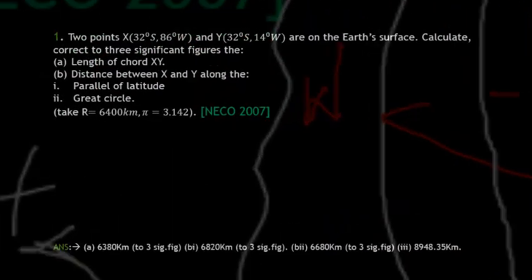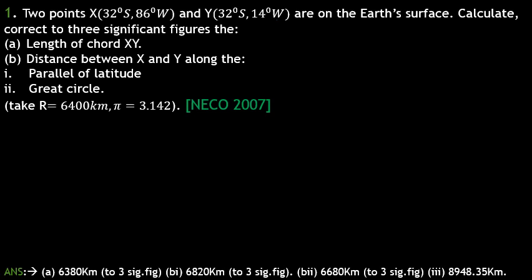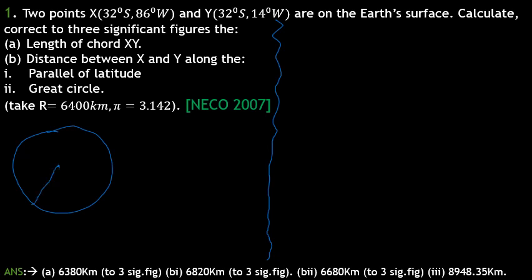Just in case you want to know why the length of a chord is 2r sine theta over 2, if we have a circle like this, this is our X and this is our Y.